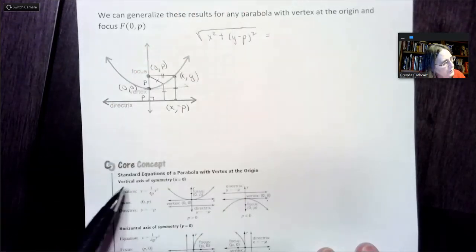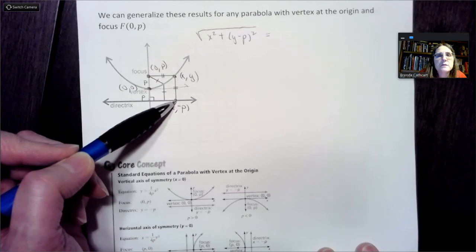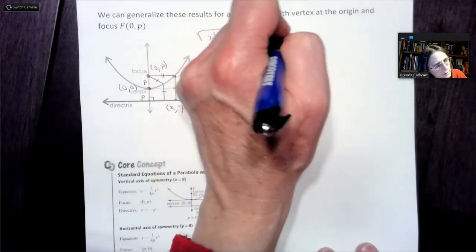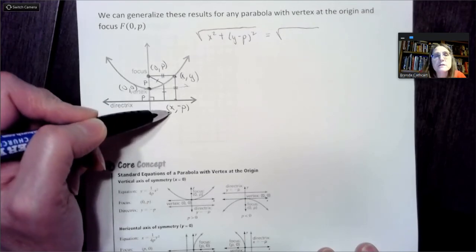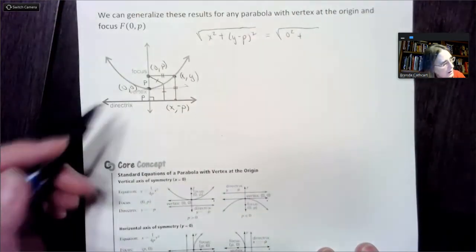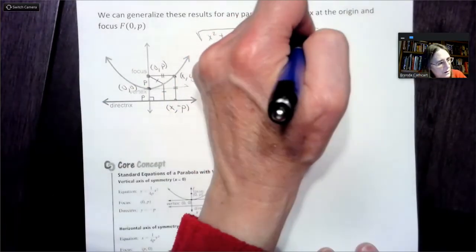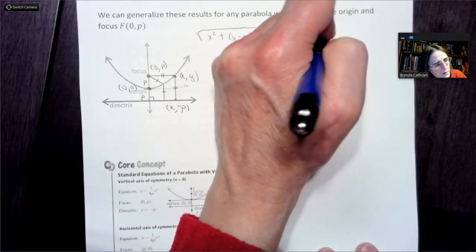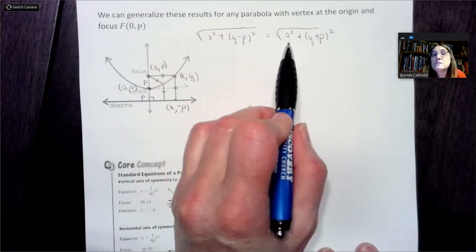And that's equal to our distance between our parabola and our directrix. So we've got the square root of our x-coordinate subtracted. x minus x is just 0, so that drops out. And our y-coordinates, (y minus negative p), or y plus p, quantity squared. Those two distances are equal.